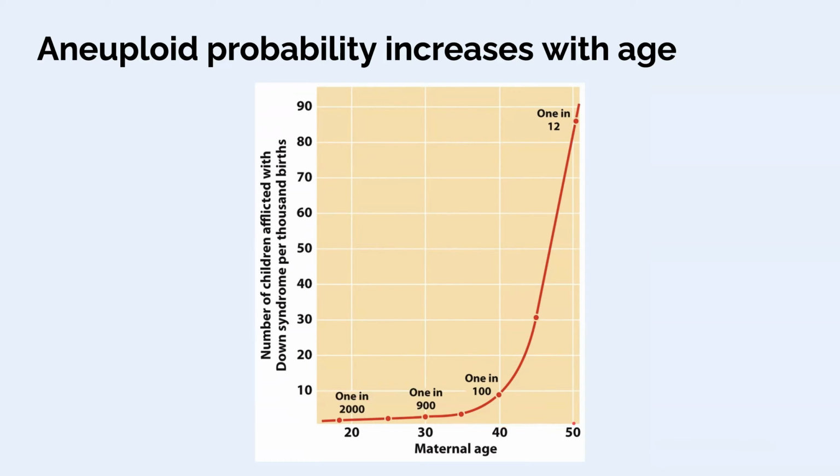This is a reason that if you are 40 years old or older and you're planning to have children, you'll probably get some additional genetic testing as part of that. There's lots we're still understanding, and we're getting a better handle on these.